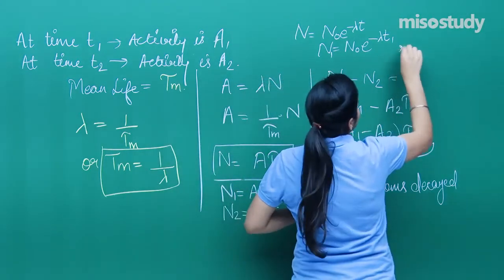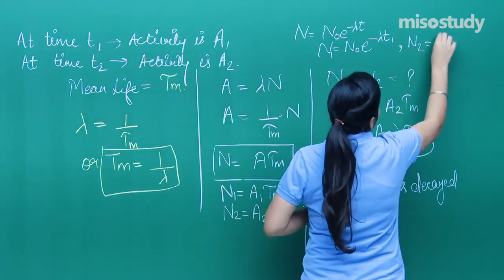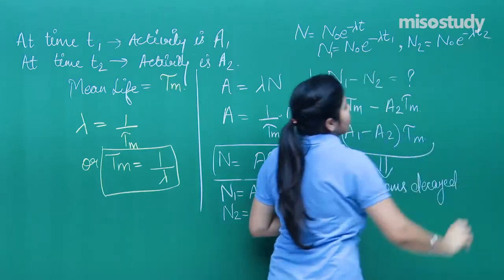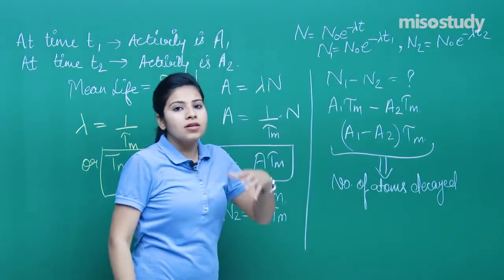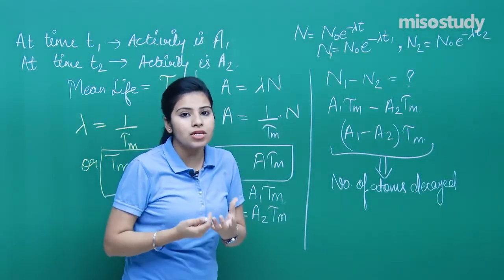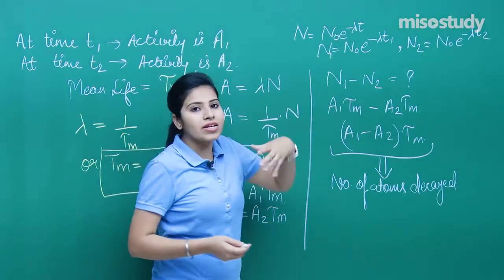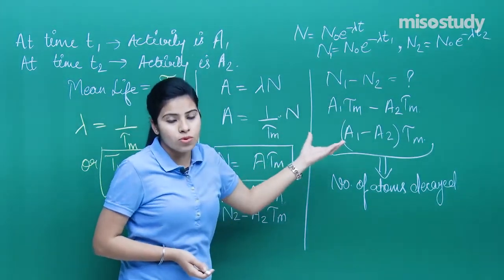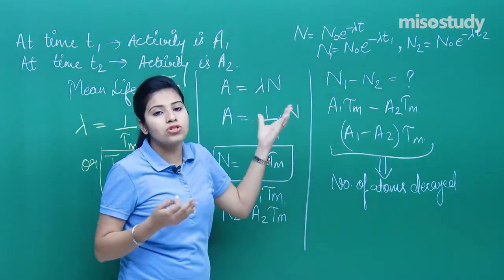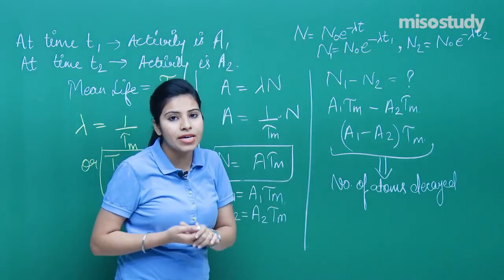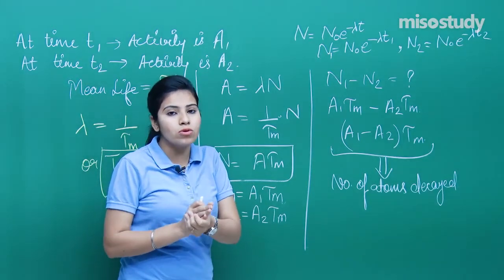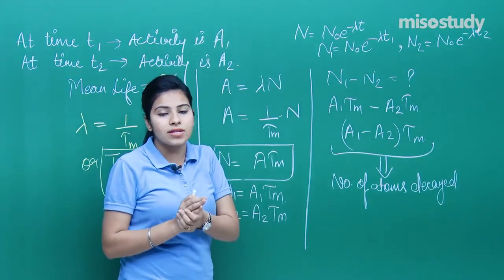Similarly for n2, that will be n naught e raised to the power minus lambda T2. Since you have your time periods, your activity and your initial number of atoms, you can easily find the number of atoms that have decayed. So I think I must have cleared your doubt about the time interval T2 minus T1.